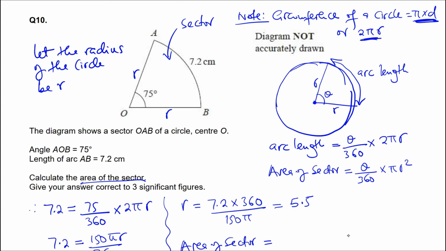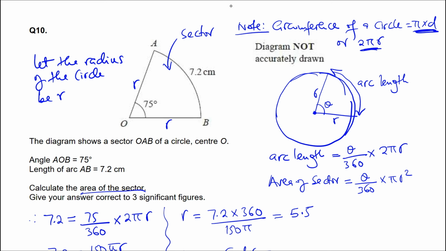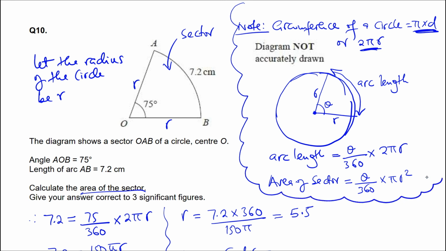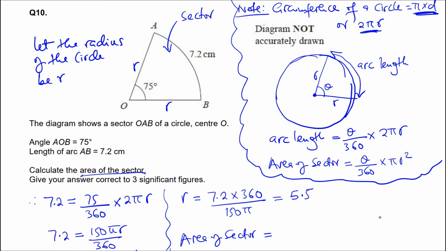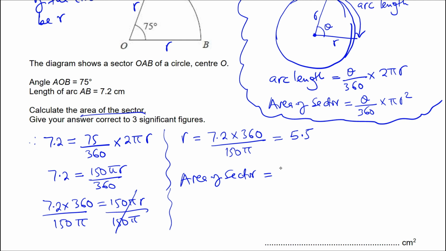These are the key formulas that I'm using here. So the area of the sector will be equal to 75 over 360 multiplied by pi multiplied by 5.5 squared. If you plug that in your calculator, the area of the sector will be equal to 19.8 centimeters squared.